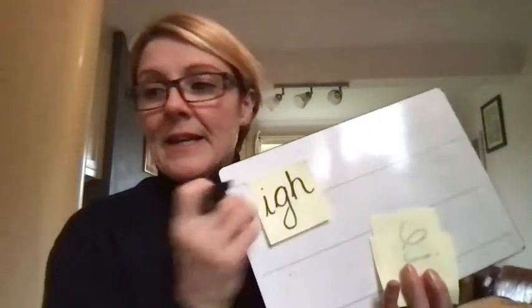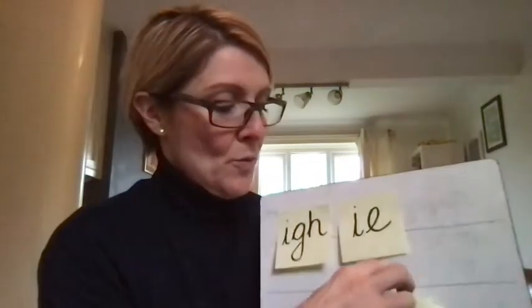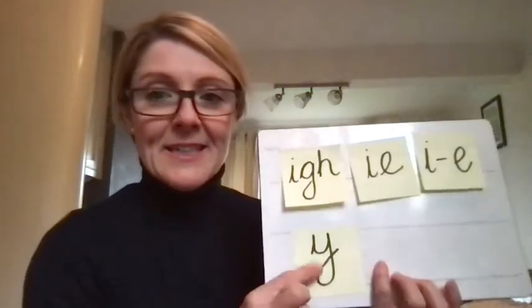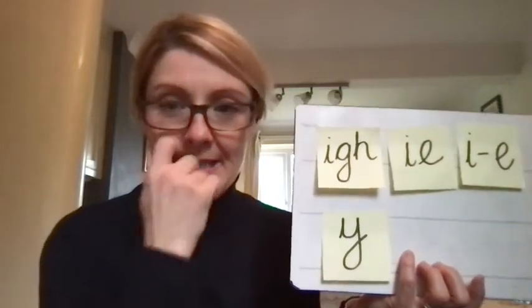So we know that we have a trigraph that makes I. We've got a digraph that makes I. We've got a split digraph that makes I. And we've got a single letter, y, that makes an I sound in some words.